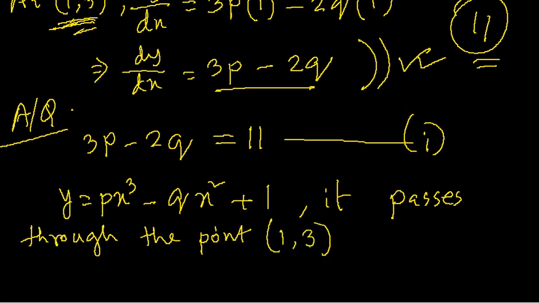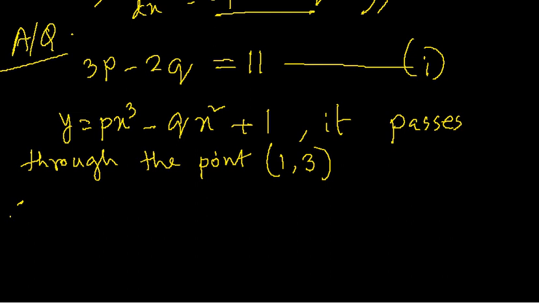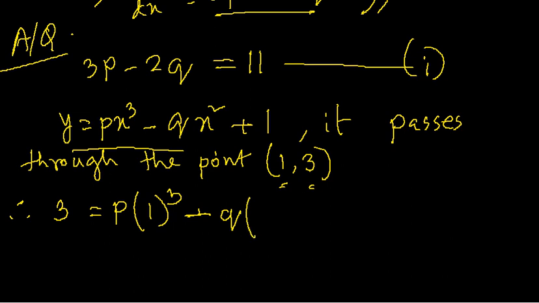Then substituting the x and y coordinates in this equation, we can write that the y coordinate 3 equals p into the x coordinate 1 to the power 3, minus q into x square, that is 1 square, plus 1.